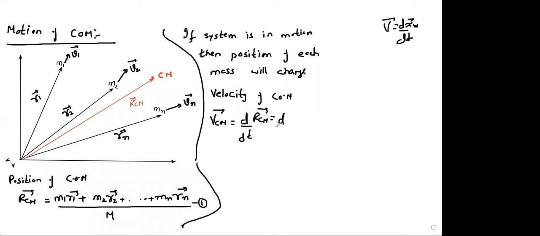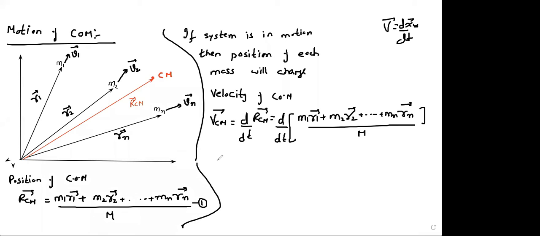So this will be d over dt of RCM, which is m1r1 plus m2r2 plus mnrn, divided by M. The velocity of center of mass is, this M is constant, so you can take this M outside the derivative.